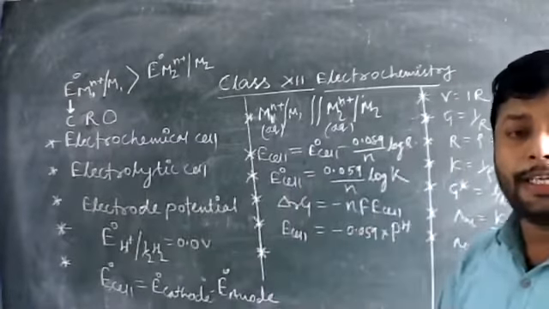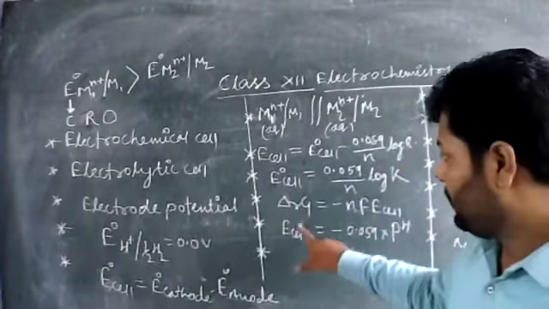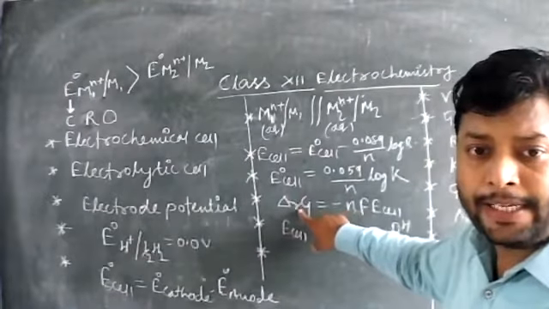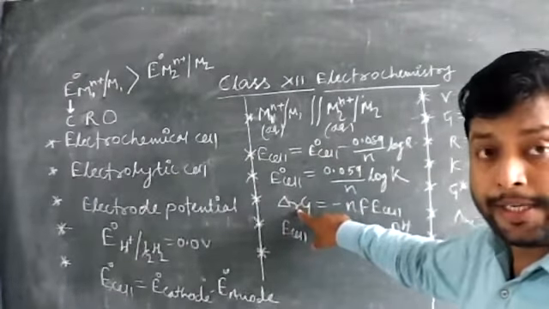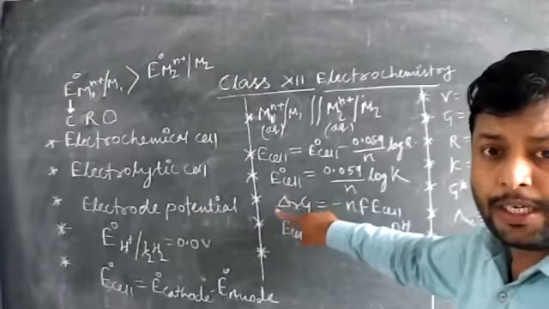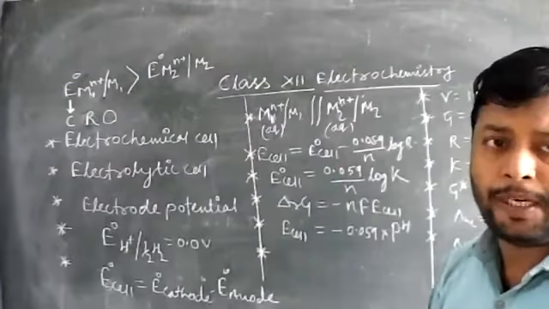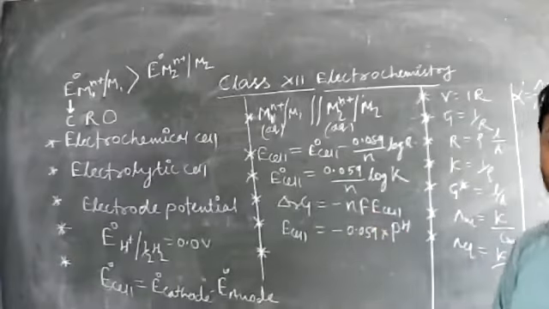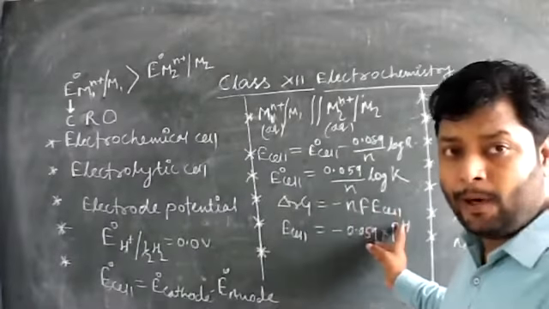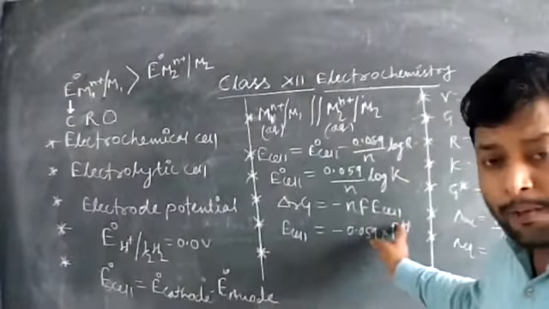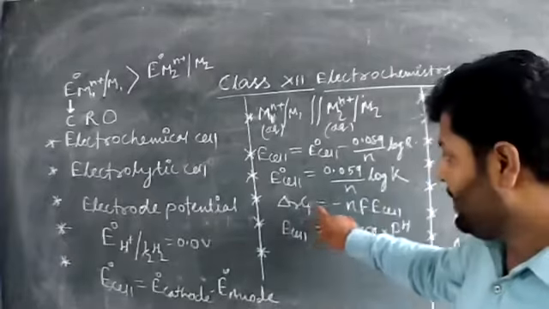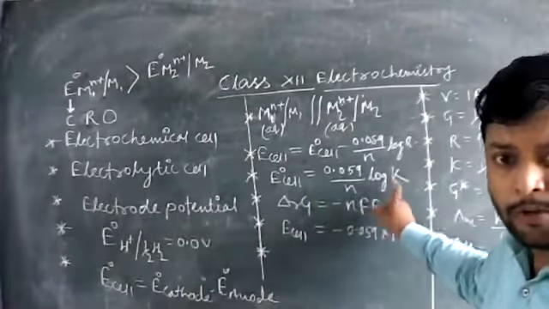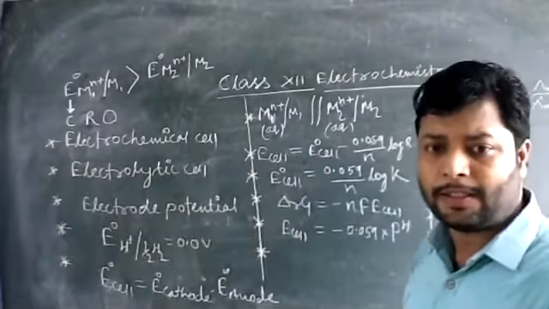Delta rG indicates the Gibbs free energy change for any given reaction. R stands for reaction, G means Gibbs energy, and delta means change in Gibbs free energy, which can be calculated with the help of the Faraday constant and the E cell value. If you wish to calculate delta rG naught, meaning in standard condition, you have to use the E naught cell value for the same equation.